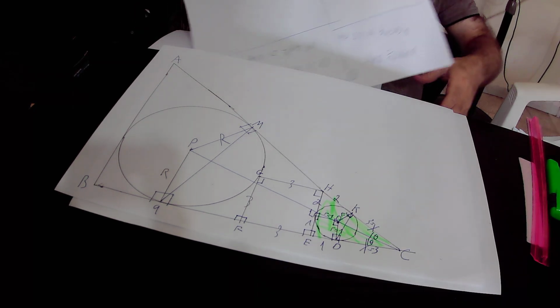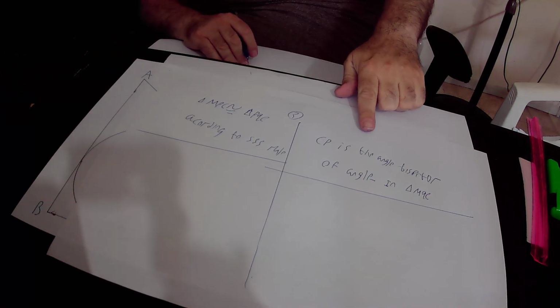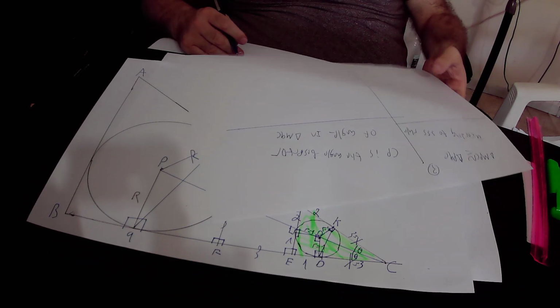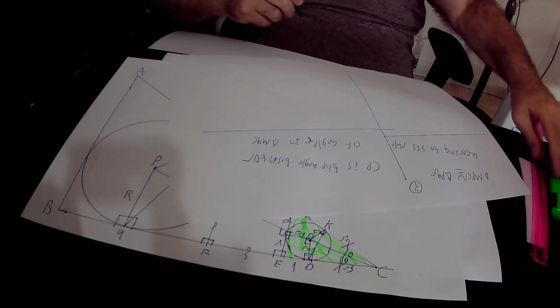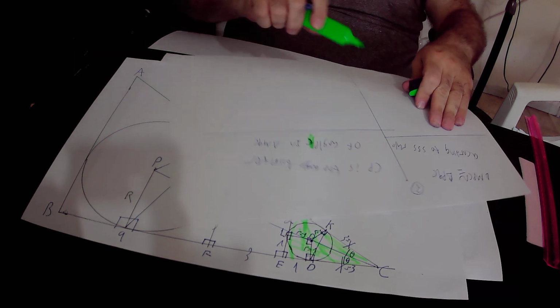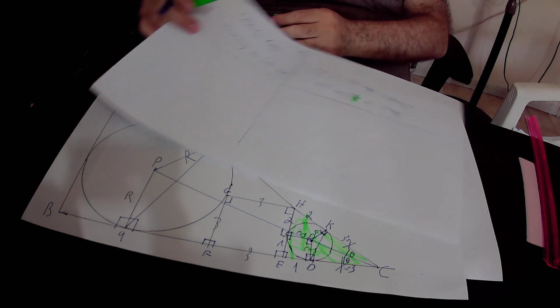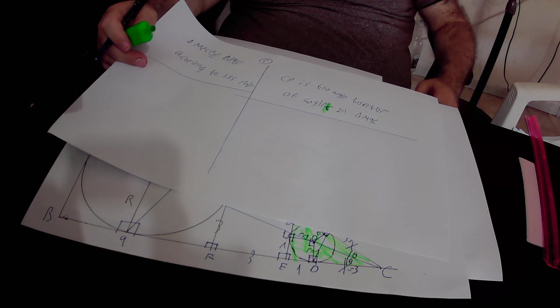Again, we can conclude that CP is the angle bisector of angle C in triangle MQC.